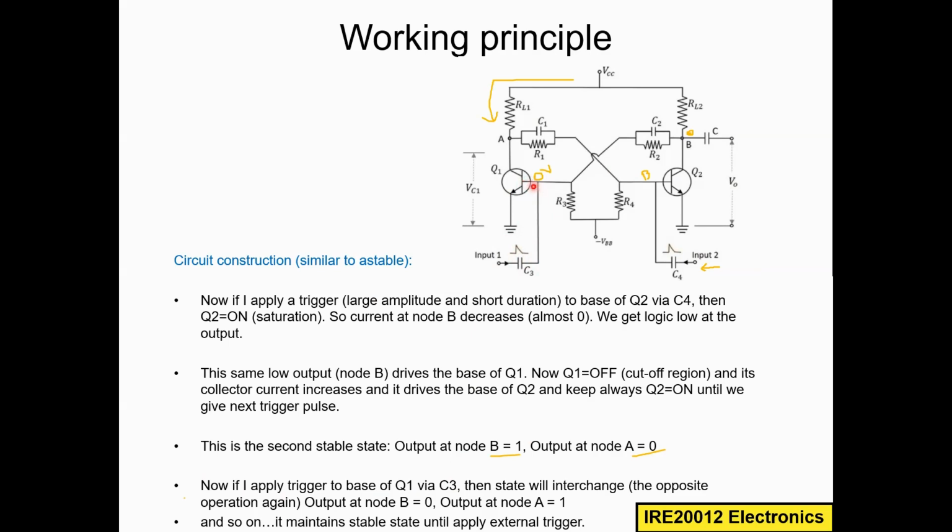Then what will happen here? Q1 will be on immediately. If it's on, then there will be a short circuit, so the voltage potential will go to 0. This will become 0 volt, and this 0 will go down and drive the base of this one. So now node A will be 0.